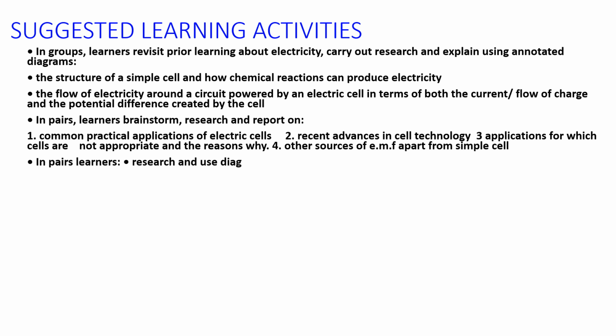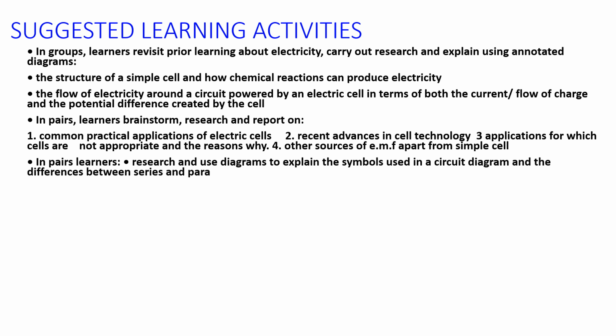In pairs, learners research and use diagrams to explore and explain the symbols used in a circuit diagram and the differences between series and parallel circuits, vis-a-vis the advantages and disadvantages of these arrangements.